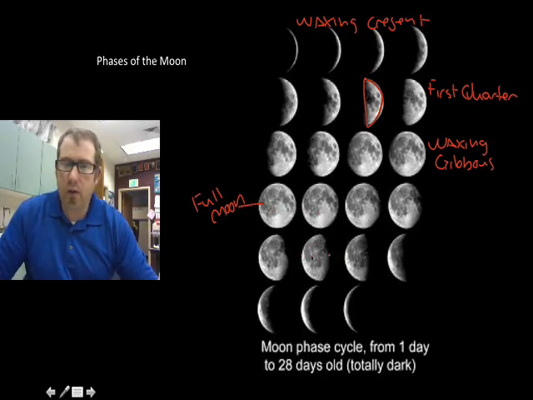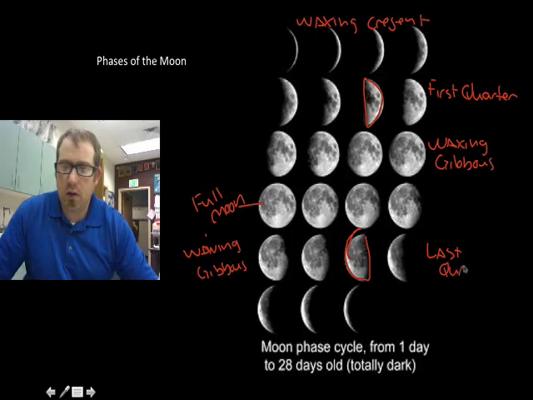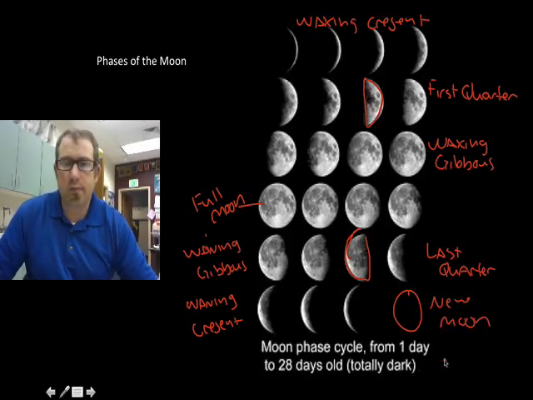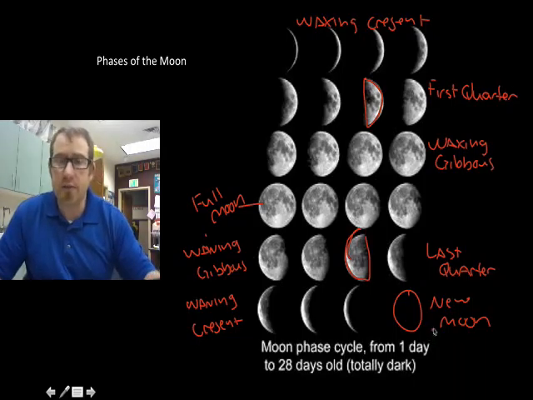And then we have our waning gibbouses. Let's see, I'm going to go over here. Here, we're about a quarter. That's our last quarter. And then these here are waning crescents. And then the new moon. So those are the different phases of the moon.